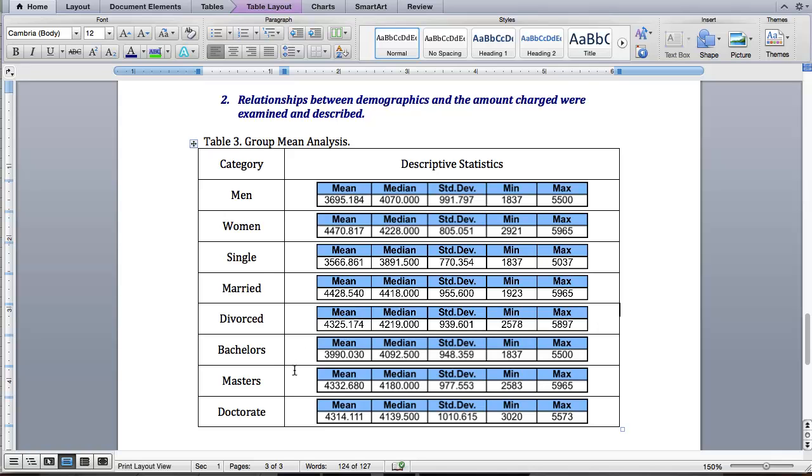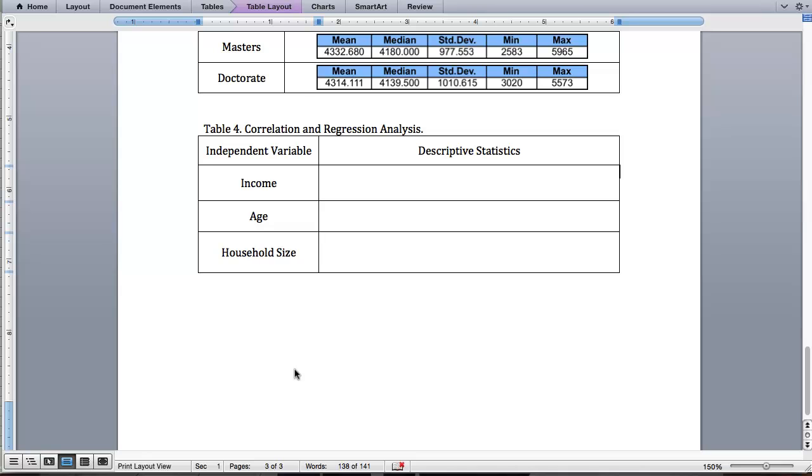So we're off to a good start examining relationships between the cardholder demographics, our independent variables, and how much they spend on the credit card, which is dependent. And we used the group mean analysis previously because our independent variables, gender, marital status, and education level, those are categorical, and our dependent variable amount charged, quantitative.